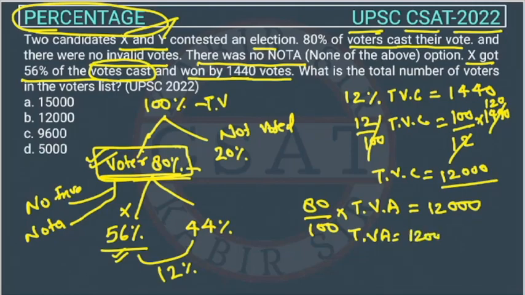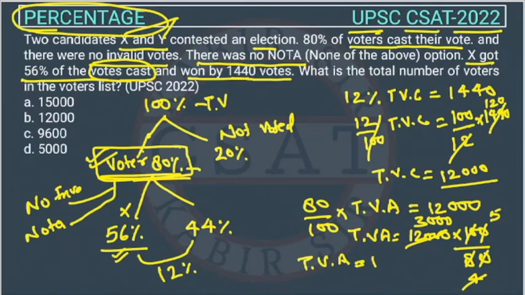It will be 12,000 into 100 upon 80, right? So we will cut this with 2, this will be 5 and this will be 4, and 4 will cut this one, right? Then total votes available will be 5 into 3, 15,000, right?